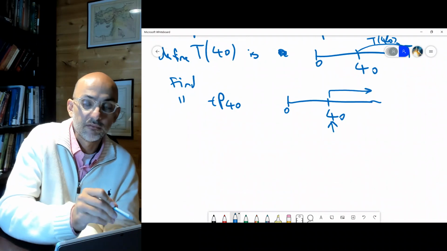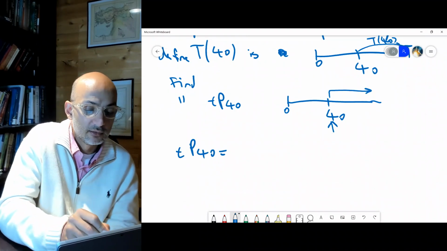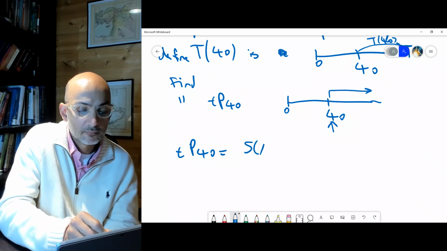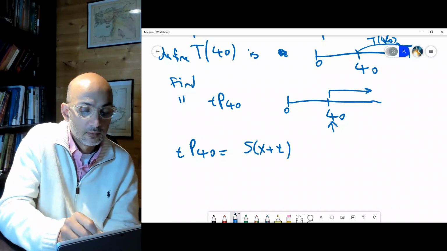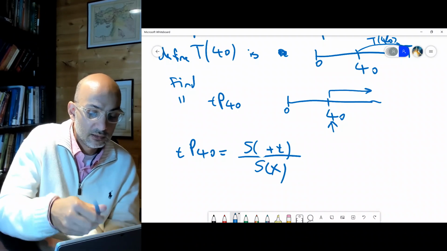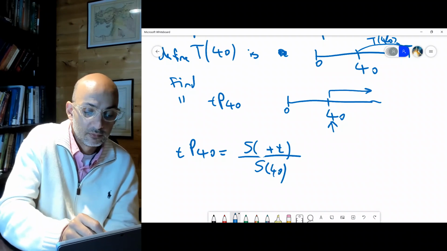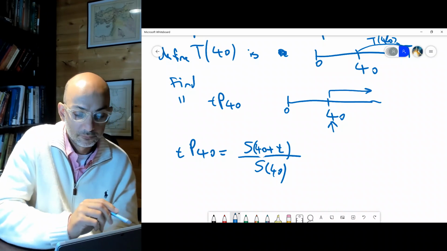By definition, we already looked at it, you can use S of x plus t divided by S of x. And x here is 40. So our variable is t, and x becomes a constant.